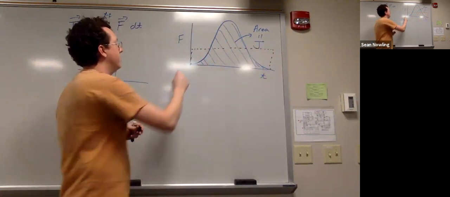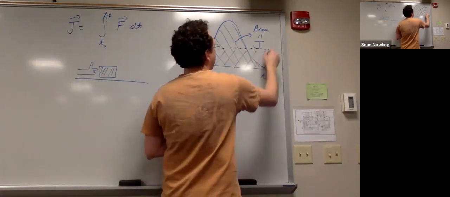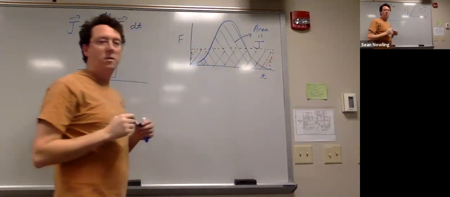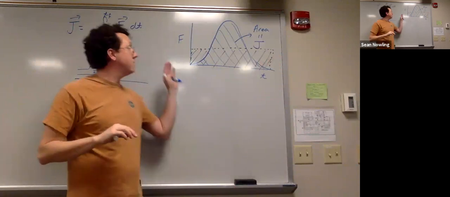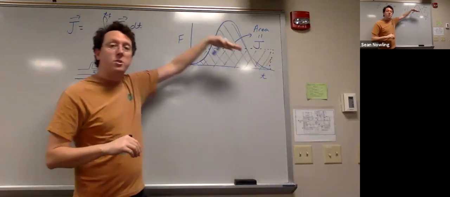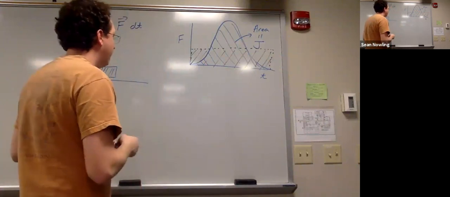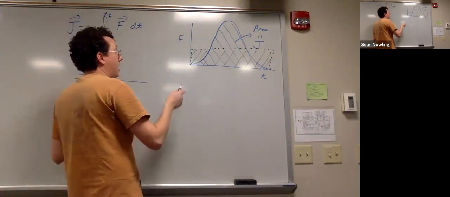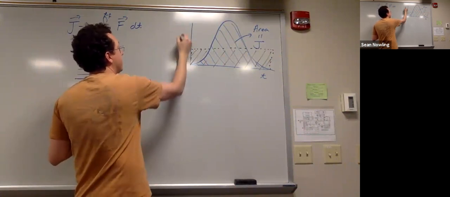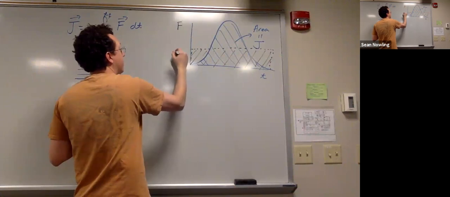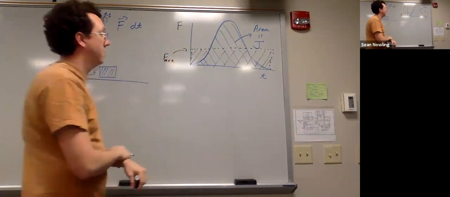And you can imagine that there is a rectangle which has the same area as the true graph, but it's just a flat function. So the force was there, and this would be the average force.